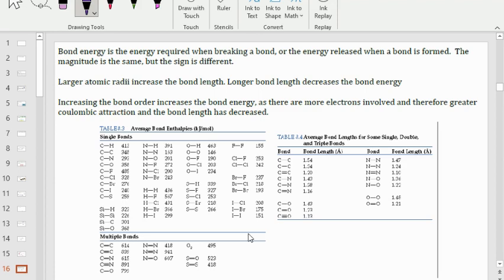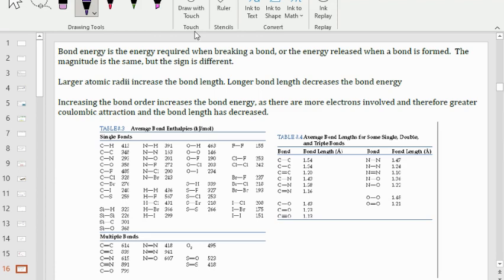When we are breaking a bond, we need to add energy in. You can kind of think of that like magnets. When you have to pull the magnets apart, it requires energy, so it's kind of like breaking a bond. Versus when you bring the magnets together, they just snap into place.